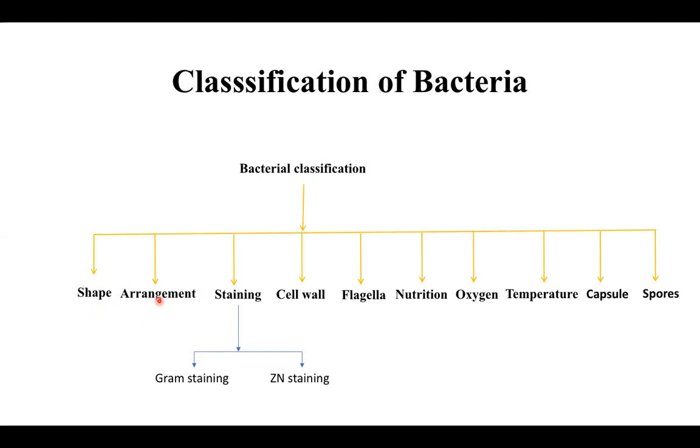Those bacteria are known as staphylococcus, while those cocci which are arranged in a long chain are known as streptococci. While some of the bacteria are arranged in a Chinese letter pattern, then they are known as Corynebacterium diphtheriae.